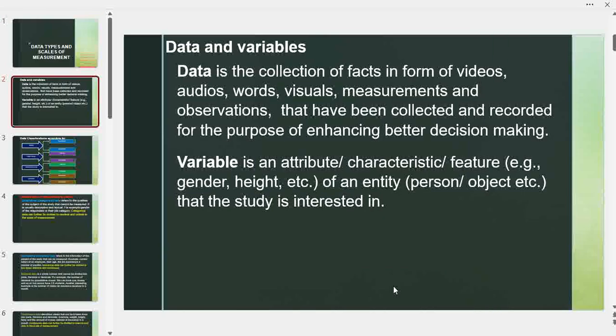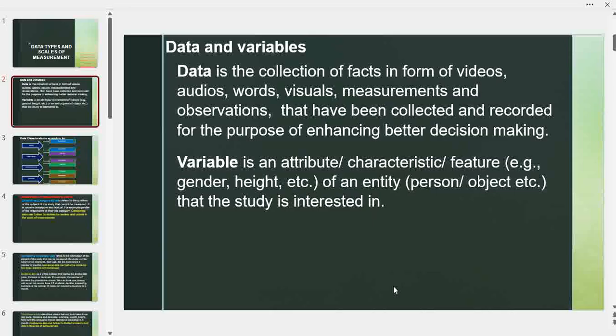Data and variables. Data is a collection of facts, as we have said, and this fact can be in the form of audios, videos, visuals, measurements, and observations that have been collected and recorded for the purpose of decision making. So when you hear of data, it should be for decision making.